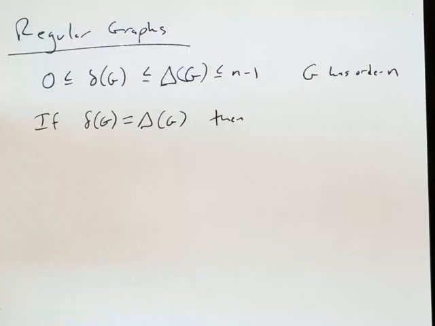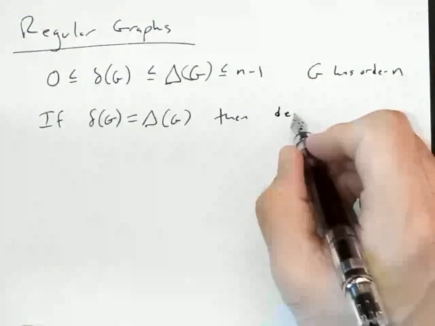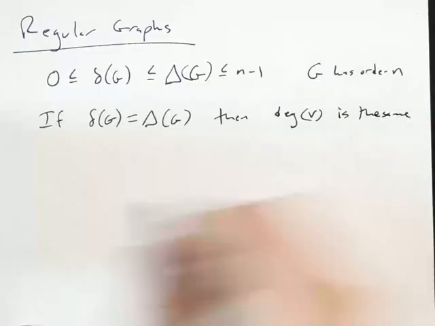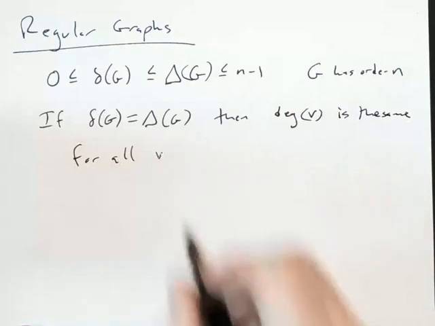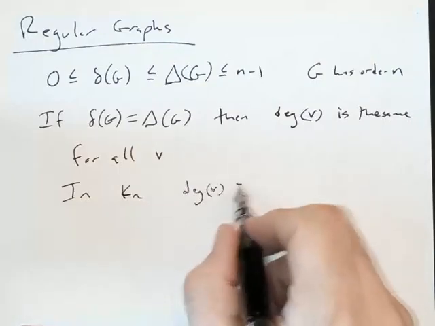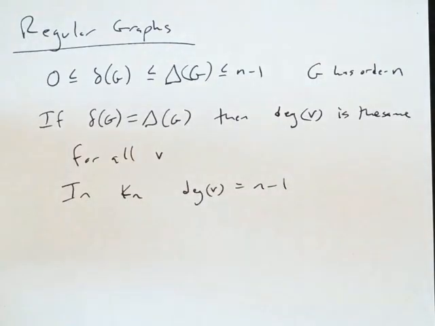In a regular graph, that degree is the same for every vertex. So the degree being n minus 1, connected to all the choices. But it's not required to be n.